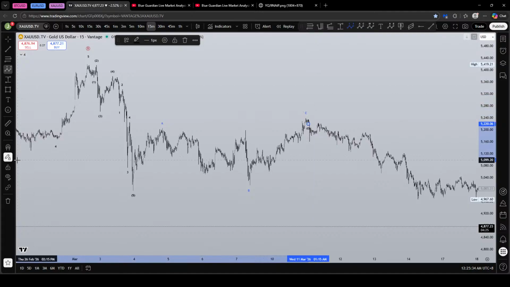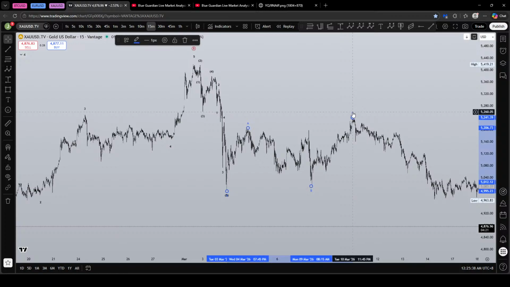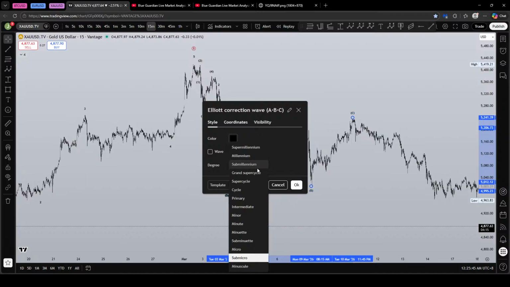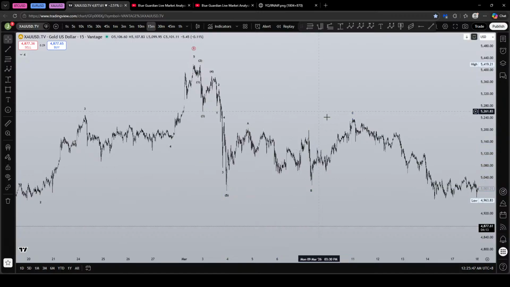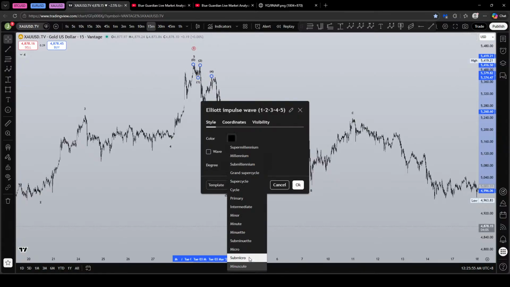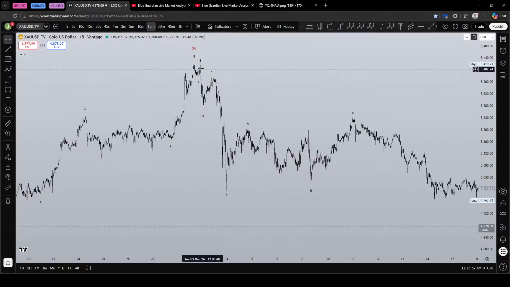Now that we have satisfied the internal waves of this one, what will be our wave counting next? Since we have completed the first 5 waves here, allow me to delete this one and just show you the higher degree counting. So since we have here the first 5 waves, then this can be treated as the first wave.